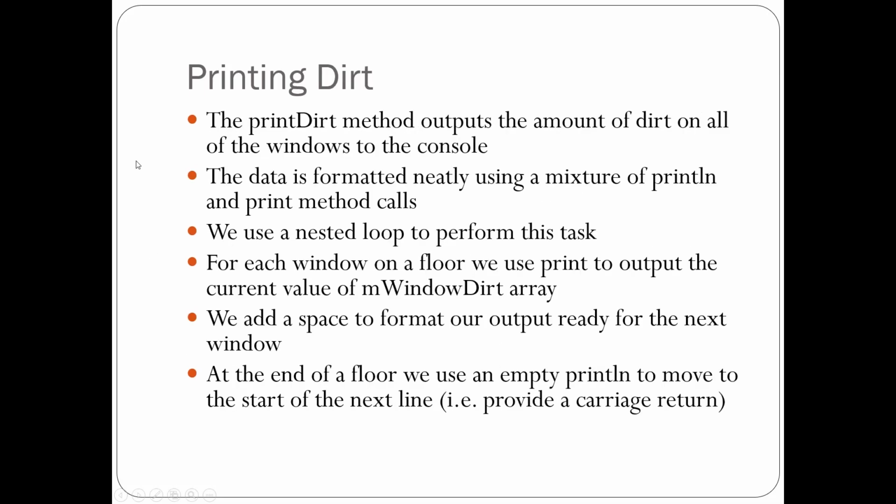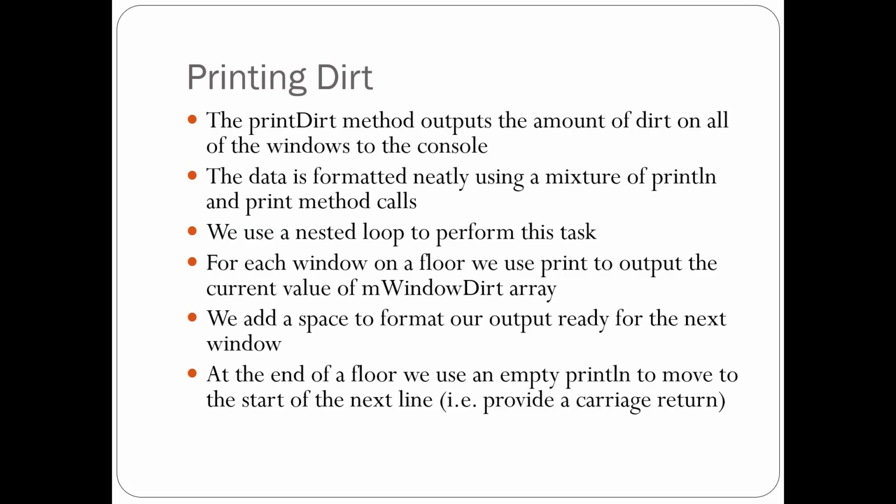So what we're going to do is, as a bit of an example, use those commands to output the content of the original window dirt array that we did in the last example of window cleaner. Instead of using the user class, we're going to use the same two for next loops to visit each of the windows in the building.